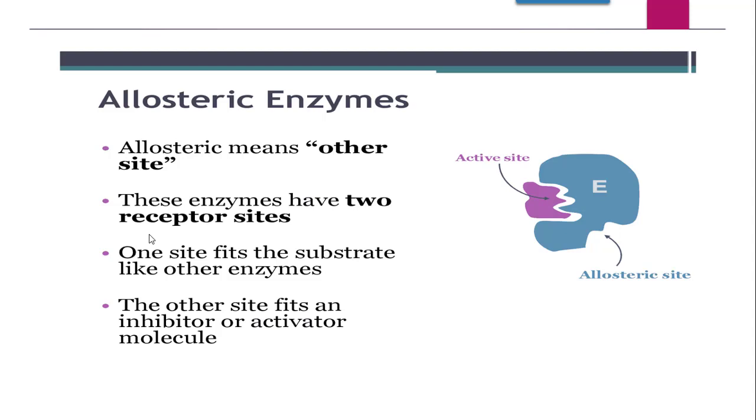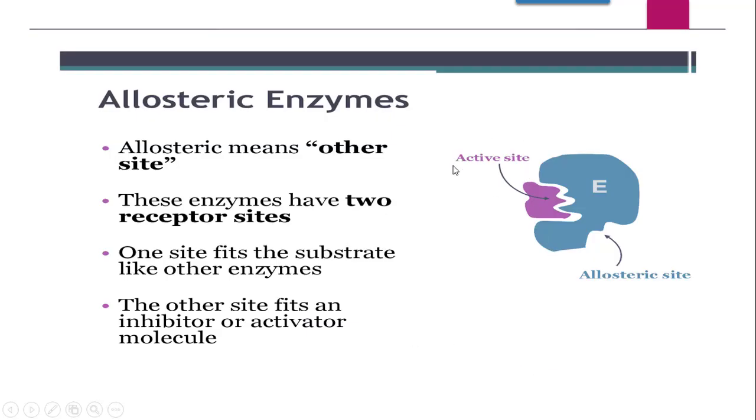Now we will move towards another concept, that is the allosteric enzyme. What do you mean by allosteric? Allosteric means other site. Until now you might have heard of only one site on an enzyme, the active site, where the substrate binds with the enzyme, the enzyme substrate complex forms, and the action is shown.